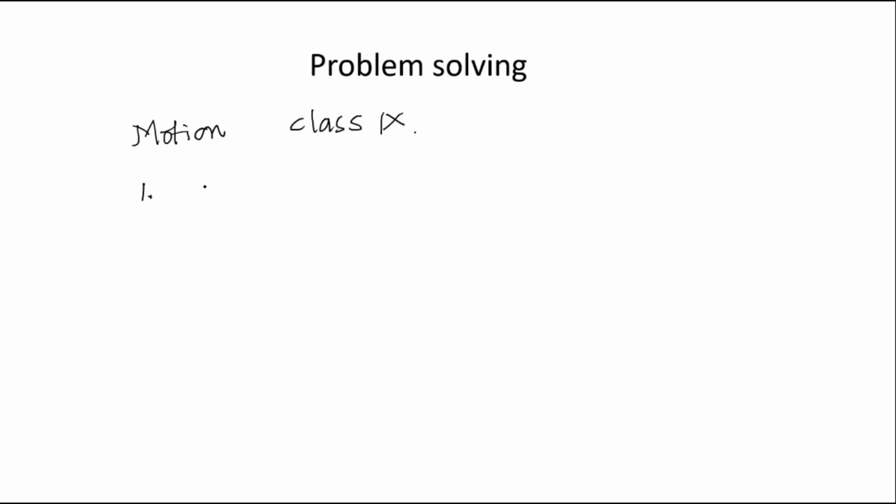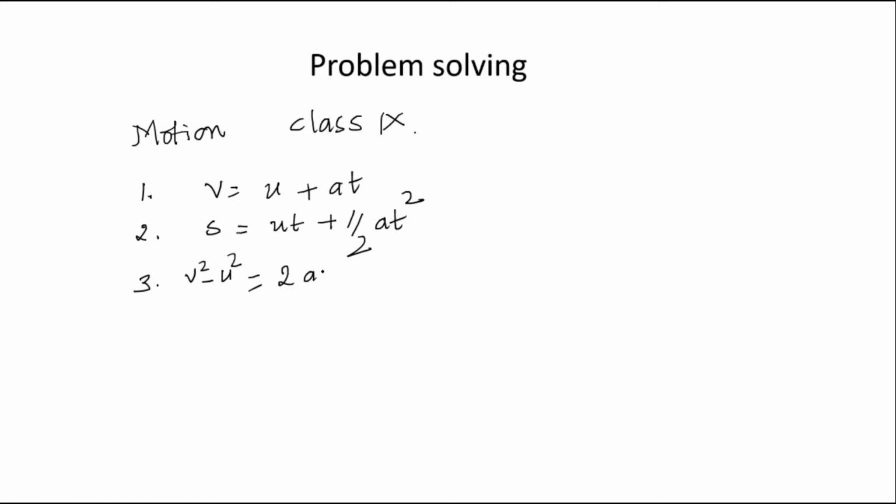Number one, v is equal to u plus at. Please recall the previous videos where we have derived this equation. Number two, s equals ut plus half at square. The third one is v square minus u square is equal to 2as.